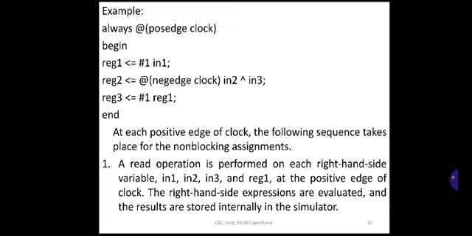Remember, the right hand side expressions are evaluated, then the result is not going to be assigned directly to the left hand side. Here the results are stored internally in the simulator. This is different from blocking assignments. Here read as well as write operations are performed separately in the non-blocking assignments.